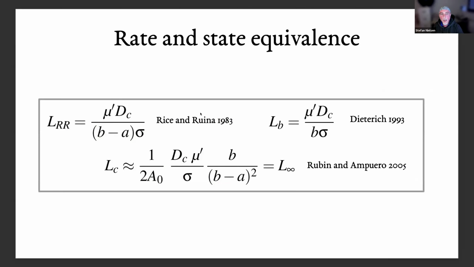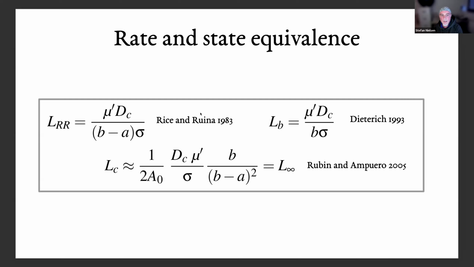Okay, now I've been discussing energy criteria up to now, but what I'd really like to stress here is that whether you want to use the Griffith crack with an energy criterion, or the critical length derived from rate and state friction laws, first defined maybe by Rice and Ruina, and in its different realizations after that, these problems are somehow equivalent.